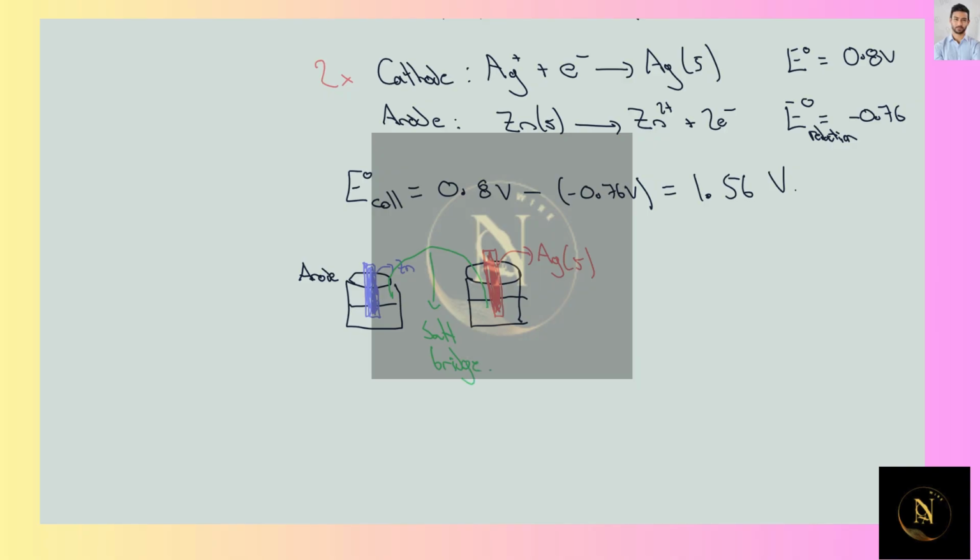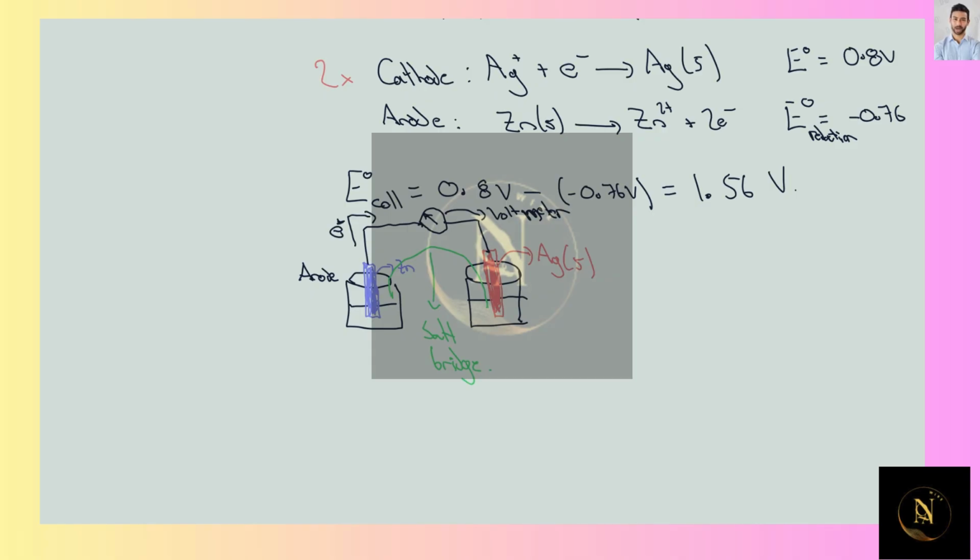Okay. And finally, in order to be able to measure what is happening here, we need to get a voltmeter. And the flow of electrons goes in this direction.